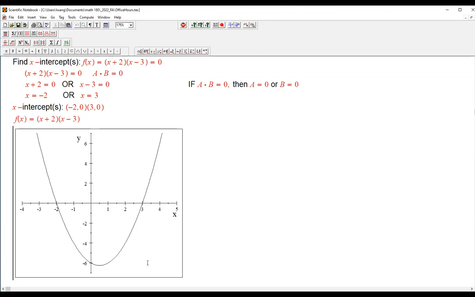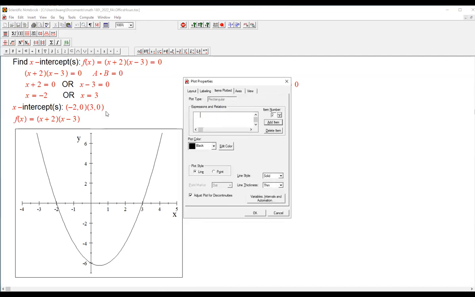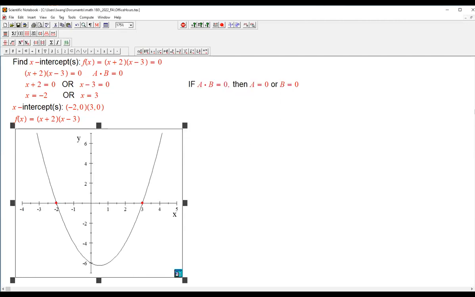So where are the x-intercepts? What are these points? We can mark these points with a red dot, another red dot, these 2 red dots, and mark them as (-2, 0) and the other one (3, 0), input, output.